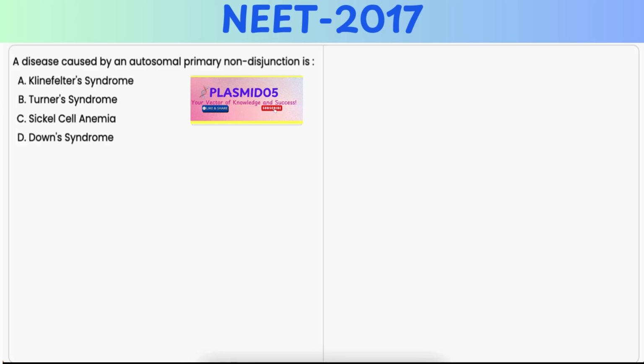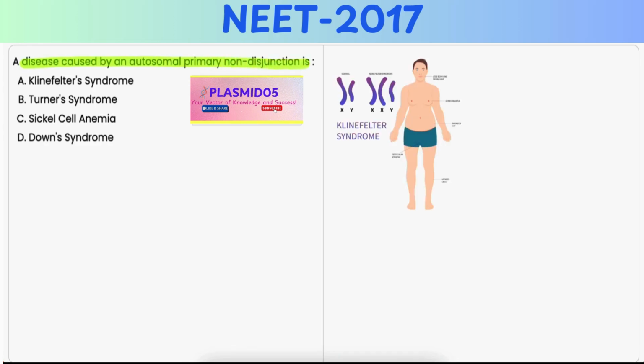In this question, you have to identify a disease that is caused by an autosomal primary non-disjunction. Option A, Klinefelter syndrome. It is incorrect because Klinefelter syndrome is caused by a sex chromosome aneuploidy, that is XXY, and that results from non-disjunction of sex chromosomes and not autosomes.